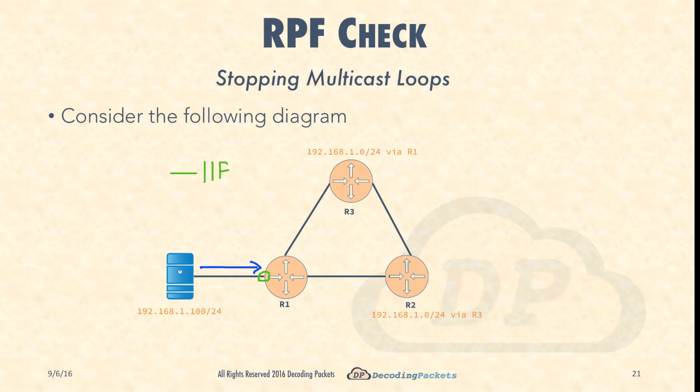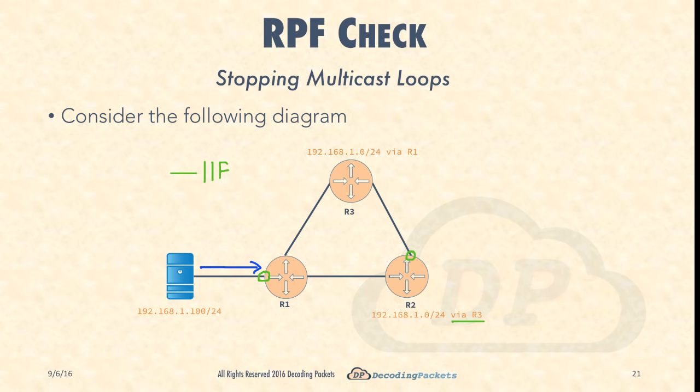Assuming that is the most specific route, then wherever that route points, whatever becomes that exit interface, becomes the IIF. In this case, that exit interface should be connecting to R3 because that route is via R3. So this interface between R2 and R3 now becomes the IIF.